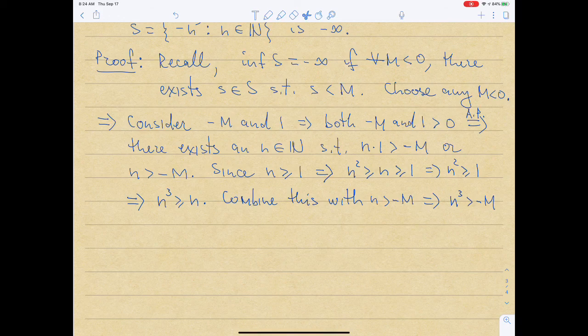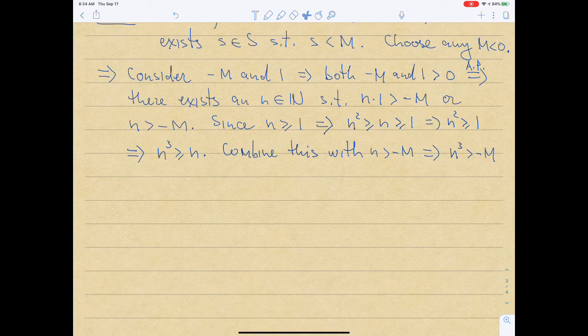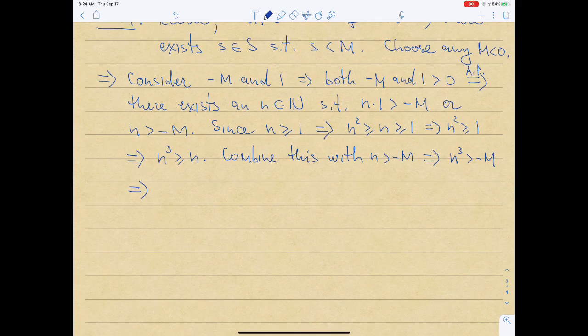Okay, so then from that I can conclude that if I multiply both sides by minus 1, then one of the properties of ordering that we proved in the theorem, I believe 3.2, was that if we multiply both sides by minus 1, then the sign of the inequality will change. So then what I get is that minus n cubed must be less than m.